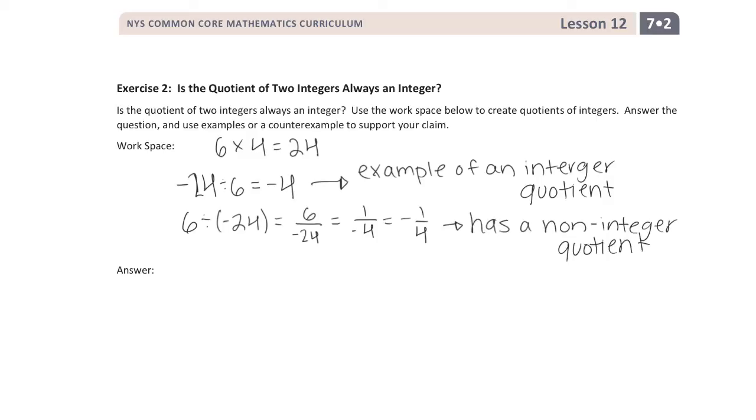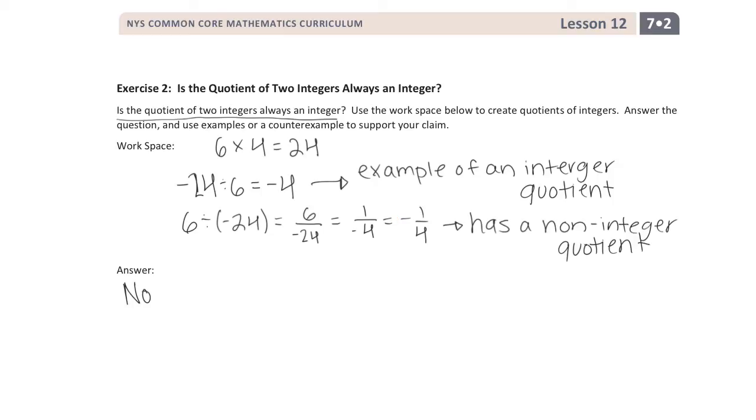So our question asks, is the quotient of two integers always an integer? Our answer is no. In my first example above, negative 24 divided by 6 yields an integer quotient of negative 4. However, when I switch the divisor and the dividend, the quotient divides a number with a smaller value by a number of a greater absolute value, making the quotient a rational number, our fraction, between negative 1 and 1.